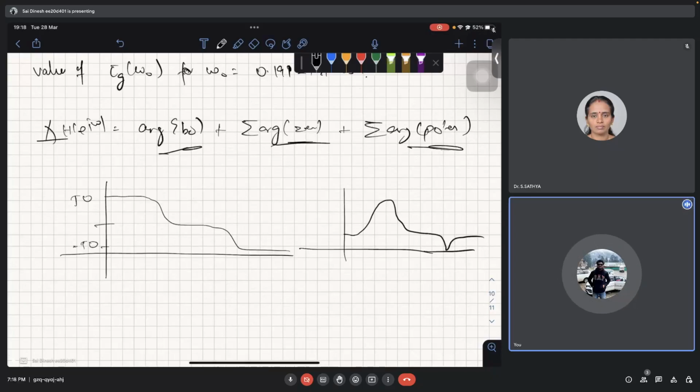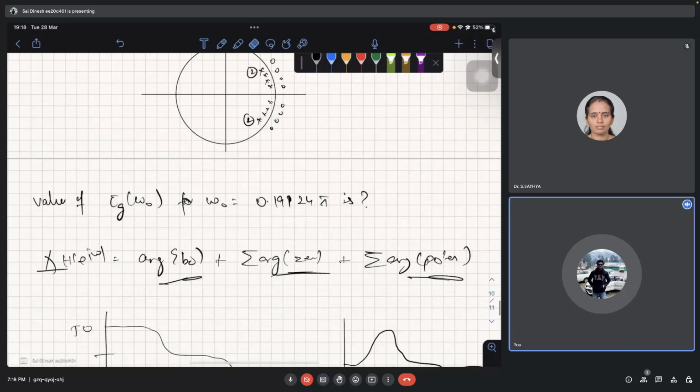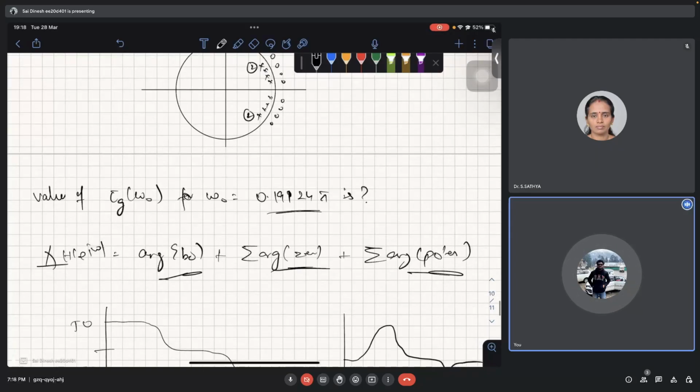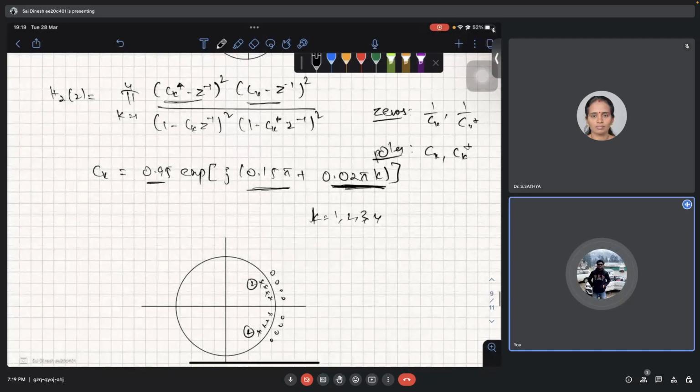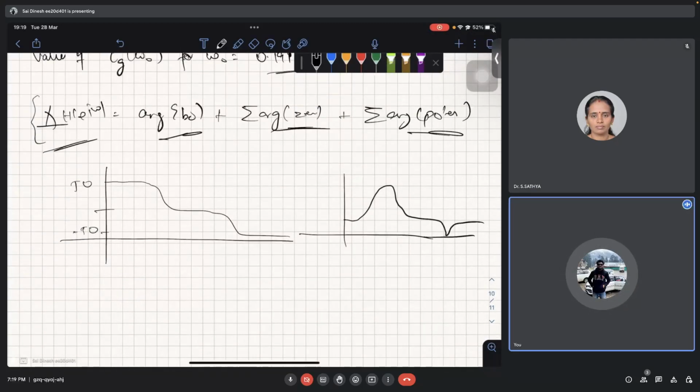So this example is there in the lecture notes, and you can get a hint from it. I'm not exactly sure how to determine the value, but one thing would be to find the individual responses for each pole and zero, and then find the group delay by differentiating with respect to omega at that particular value of omega. That is how you find it.